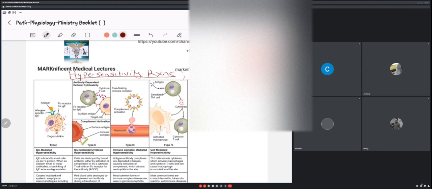So type 1 is for A, type 2 is for C, type 3 is for I, type 4 is for D. And what does A mean? Anaphylactic. C is what?